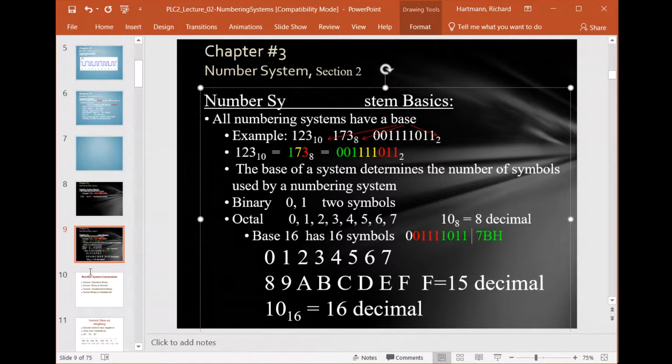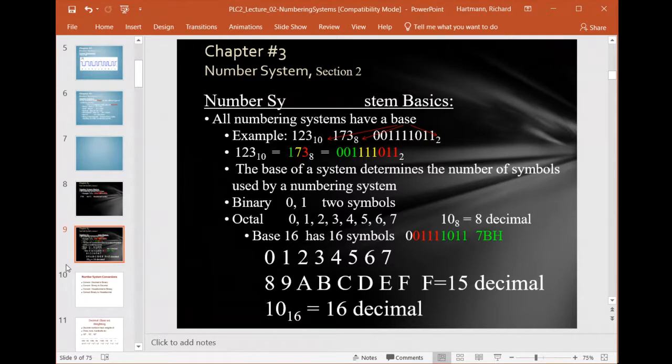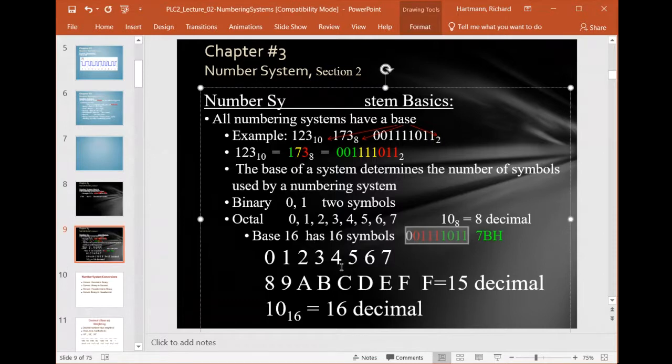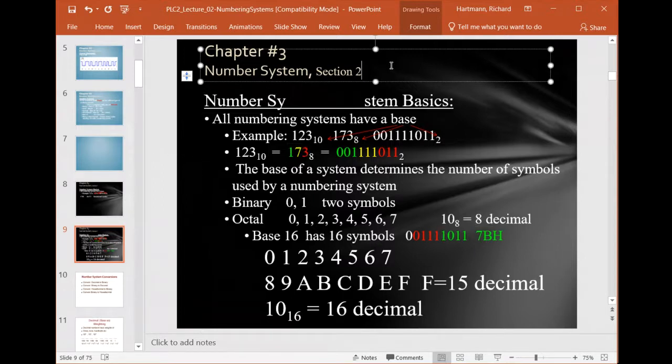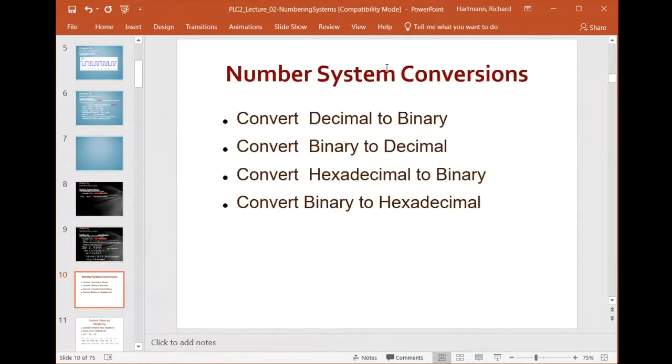And that's why we, as humans, like to use it, because looking at all these ones and zeros gets really confusing to us. By writing it as something more condensed like 7B, or even 173 for octal, it's easier to see and understand.